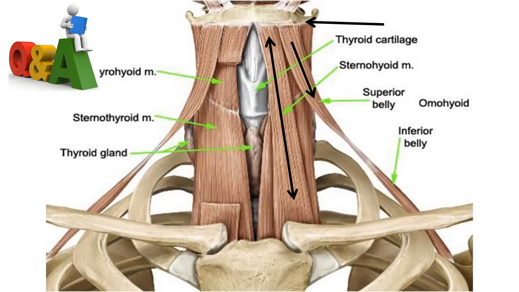Just lateral to it is another muscle, as we can see that this muscle has a fleshy part, and then in the middle changes to a tendon called intermediate tendon, and then it continues as a fleshy part, the inferior part, and attaches to the scapula, upper border, just medial to the scapular notch. This muscle is called omohyoid. Omo means the scapula.